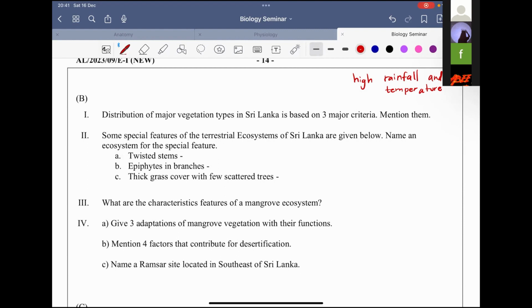So you know that is from your book. It is mainly the local climate, mainly the rainfall and temperature, then topography and the soil conditions. So these three determine the distribution of major vegetation types in Sri Lanka.